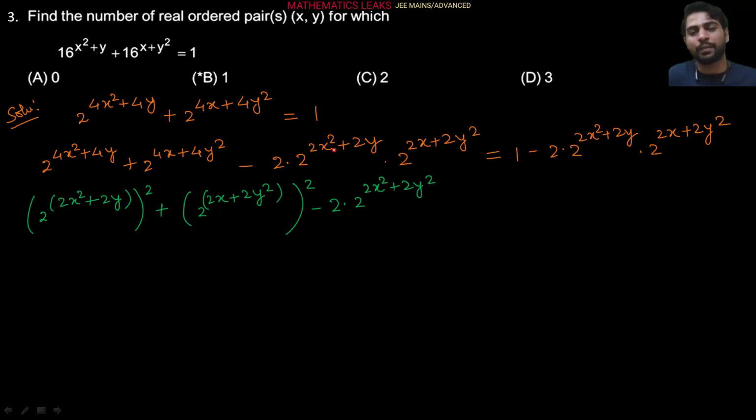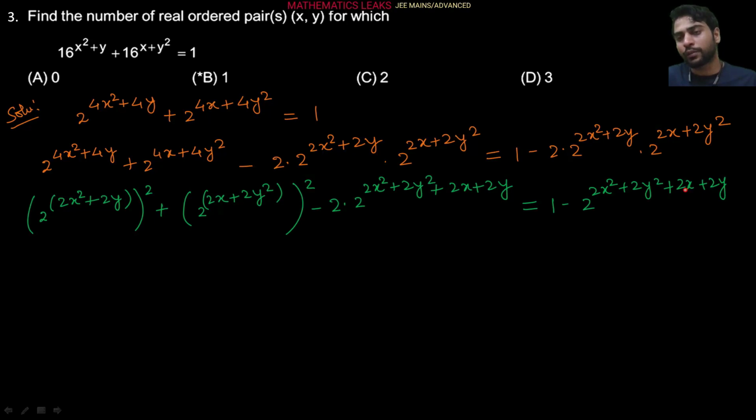Since the bases are the same here, we are adding the powers, so plus 2x plus 2y is equal to 1 minus. Similarly, this also we can write here: 2 to the power 2x square, and here plus 2y square I am writing first, plus 2x plus 2y, and also this is 2 in the multiplication, meaning plus 1, right? This we can write down.